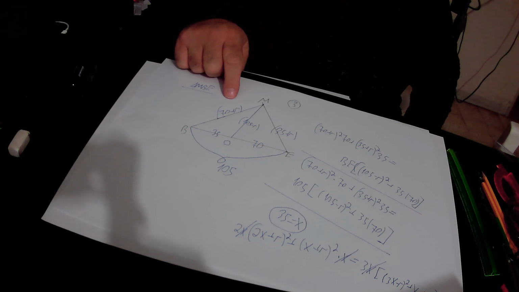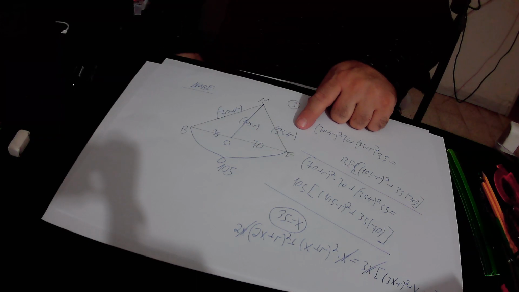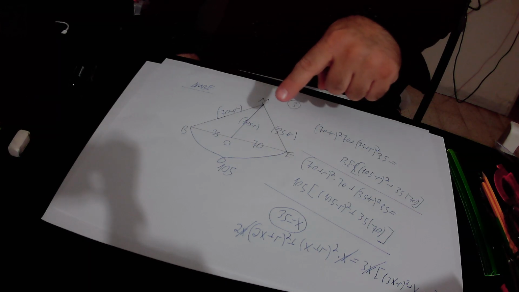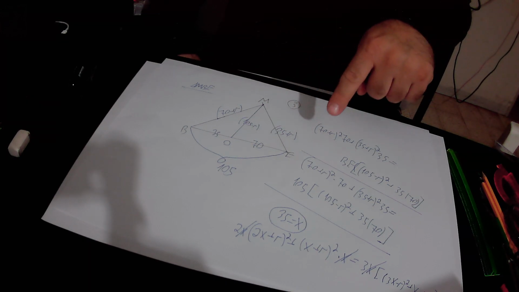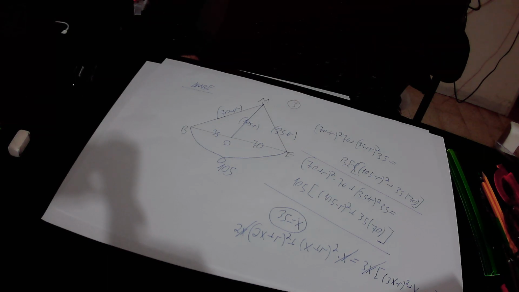MB equals 70 plus R units, ME equals 35 plus R units. R is the radius of the small circle, the radius that we are looking for. BO equals 35 units, OE equals 70 units, and side BE equals 105 units.